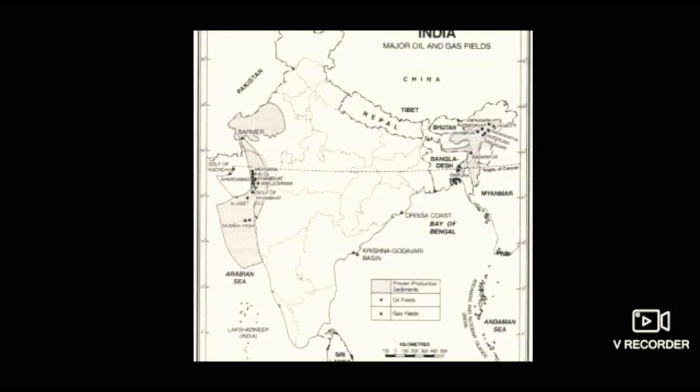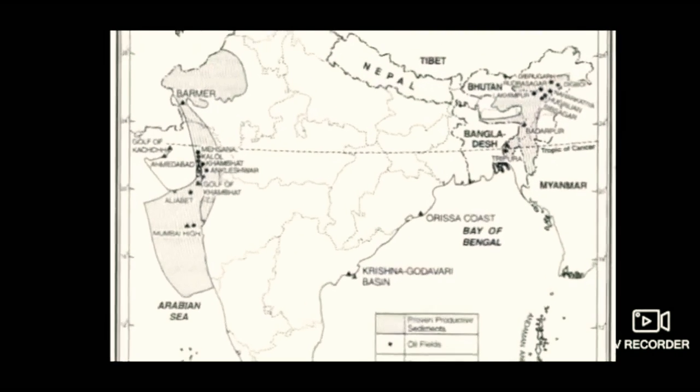And this map shows the distribution of oil fields in India. You can see Mumbai High and Cambay Basin in the west, along with the names of the oil fields: Aliabet, Mumbai High, Ankleshwar, Cambay, Kalol, Mehsana.